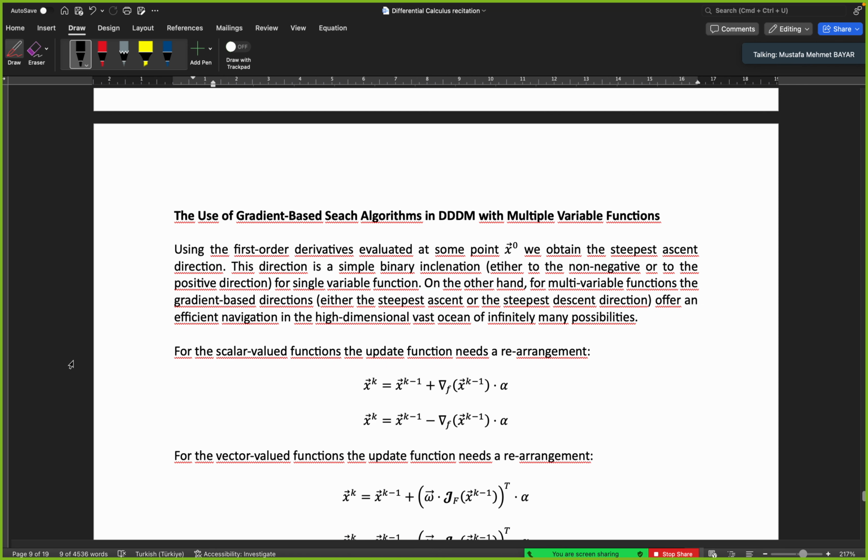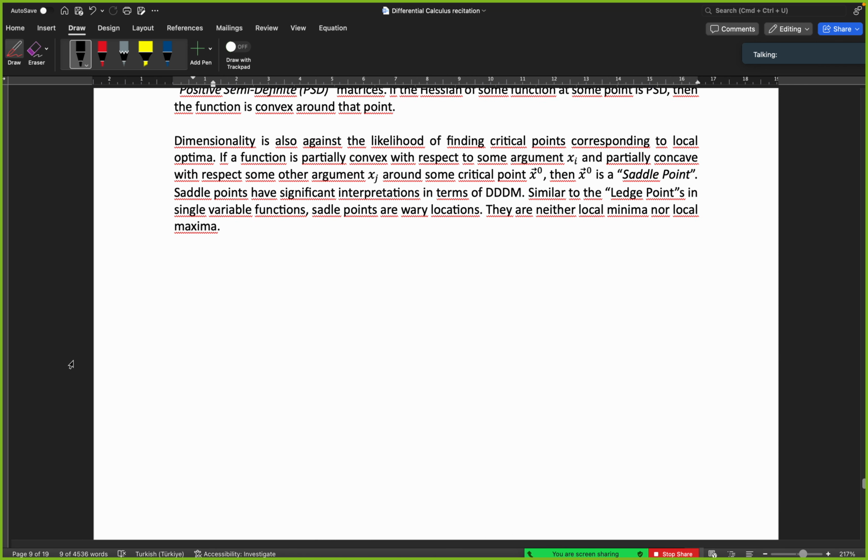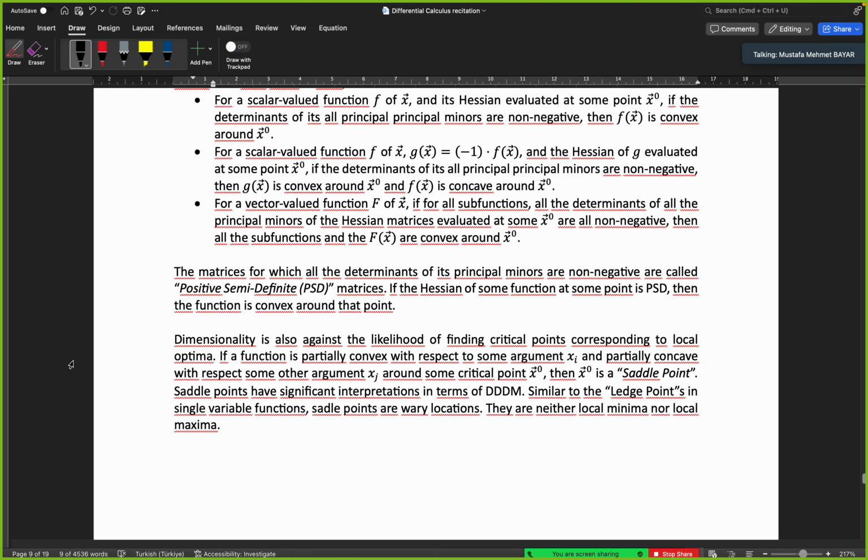Well, this is really hard work. If you have, say, 100 arguments, then you're going to have 100 partial derivatives for the gradient. Then 100 squared for the Hessian. Then 100 determinants to test the positive semi-definiteness.